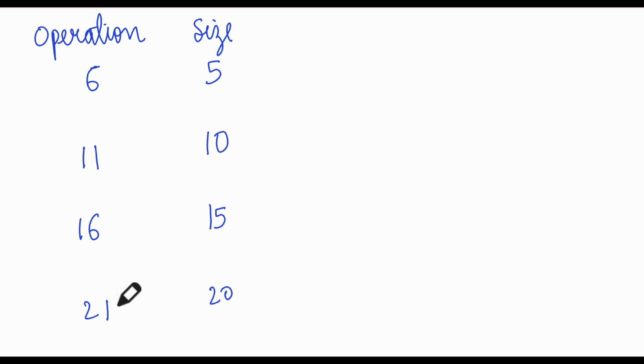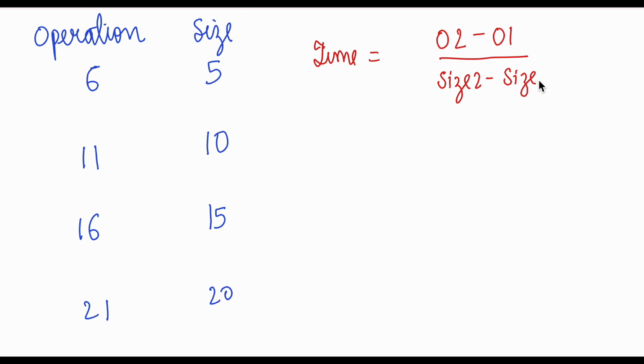So what is time complexity in this particular scenario? If you have to calculate, time complexity is equal to operation 2 minus operation 1 divided by size 2 minus size 1. So this is the meaning of time complexity.